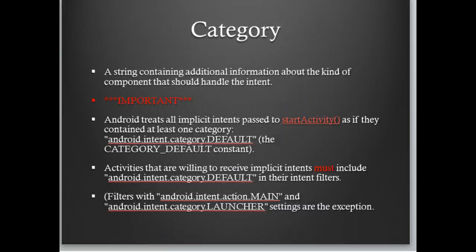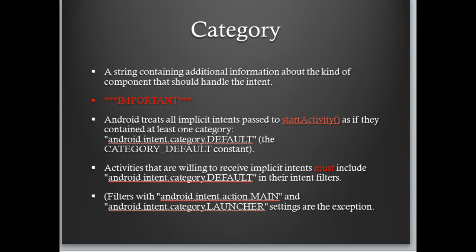Category is just kind of an additional way we can filter down what we want to do. You can either specify when you are making an activity that will receive implicit intents. You can either define a category or not define a category. But if you choose to not define a category, you must include the category default.